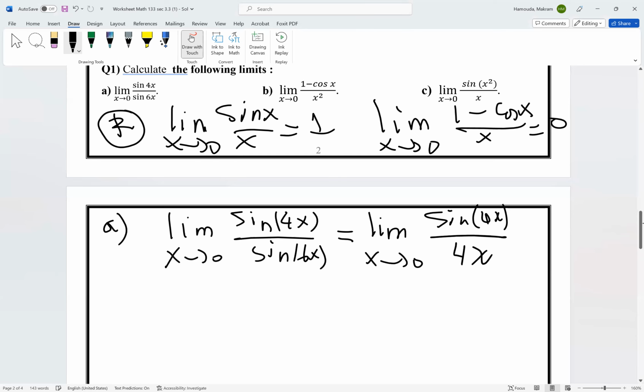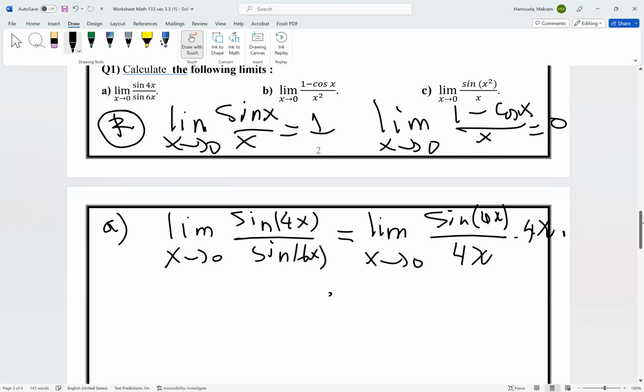So if I divide by 4x, I will make the correction, then I multiply by 4x. And again, here I will continue with the times over sine 6x. Also for this, I will need to divide by 6x. But again, here I will make the correction of this division by sine x.